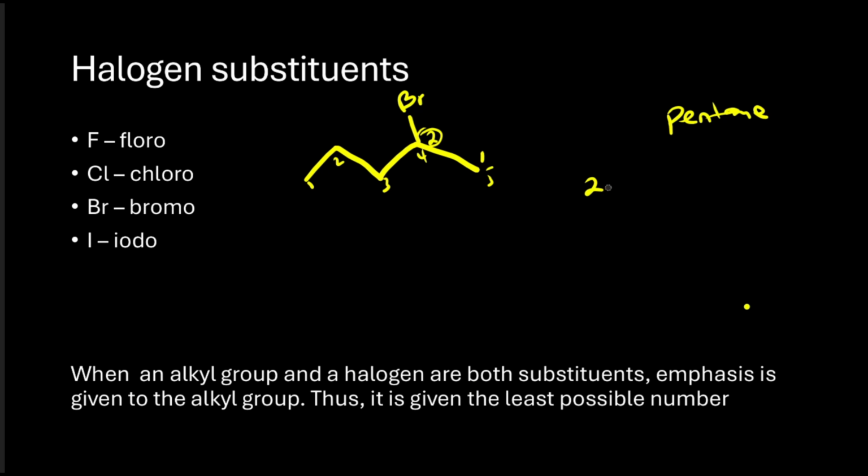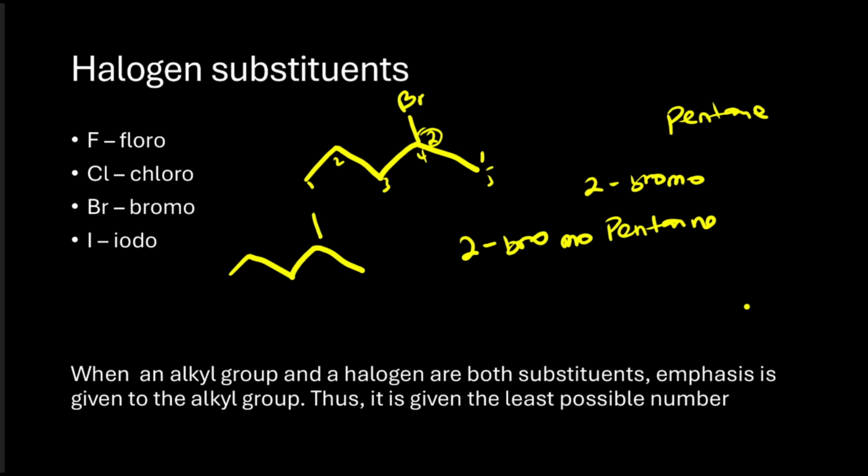So we have 2 bromo. And then we assemble our names together. So we have 2 bromopentane as our alkane.